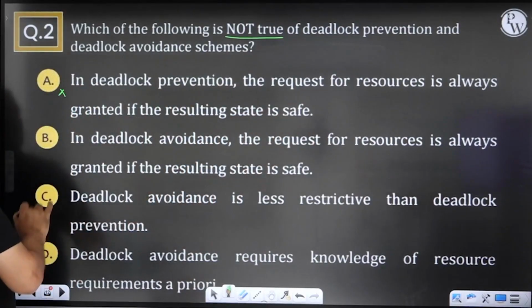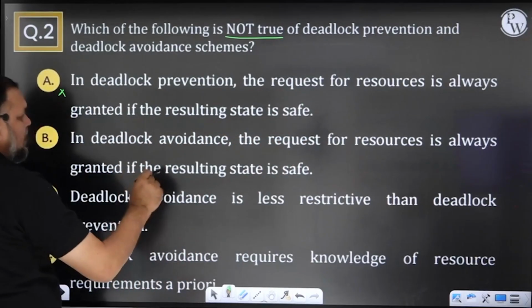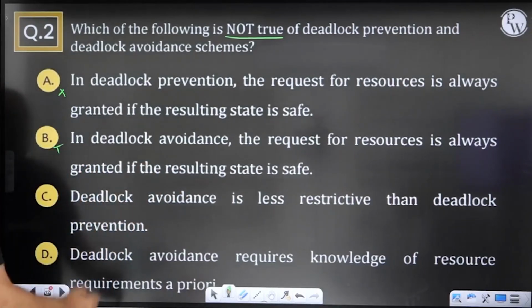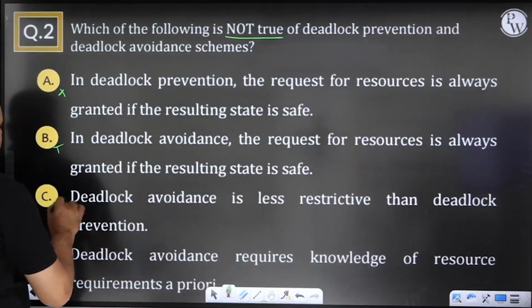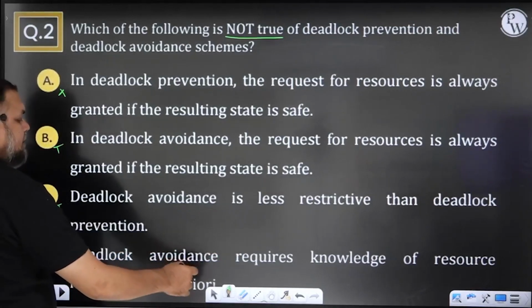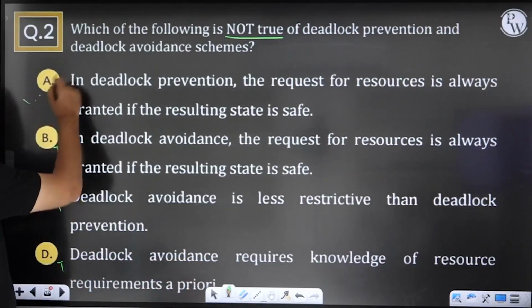That's a mistake. So therefore, it is false. In deadlock avoidance, the request for resource is always granted if the resulting state is safe. This is true. Deadlock avoidance is less restrictive than deadlock prevention. This is true. Deadlock avoidance requires knowledge of resource requirements beforehand. I told yesterday, true. So therefore, the correct answer is A.